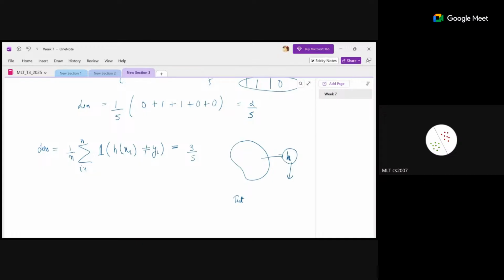If you feed your test data to this model, how will it perform? That is your goal, and that is what we would want to check. We would want the test error to be smaller, not the training error. So test error is something that we are looking for. For this H, we want to see how it will perform on this test data.